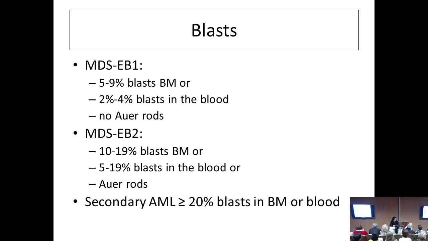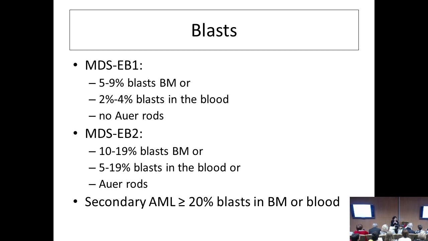The threshold between these categories is 5 to 9% blasts in the bone marrow, or 2 to 4% in the blood, either one is enough to establish MDS-EB1. Auer rods are not allowed.